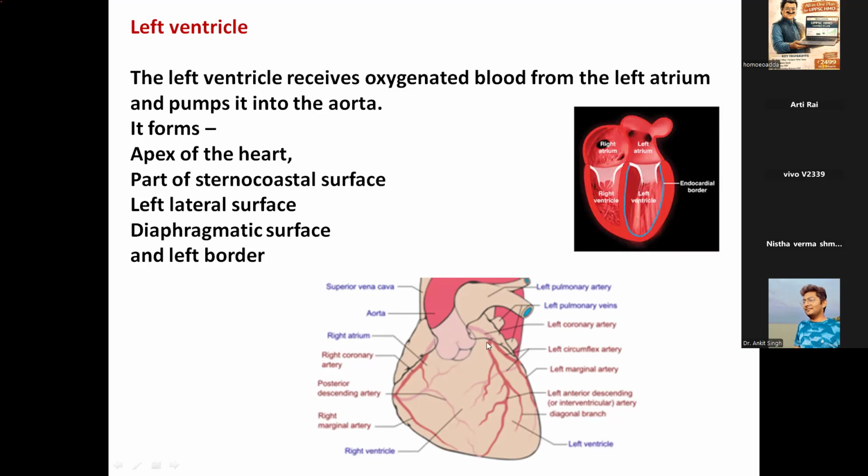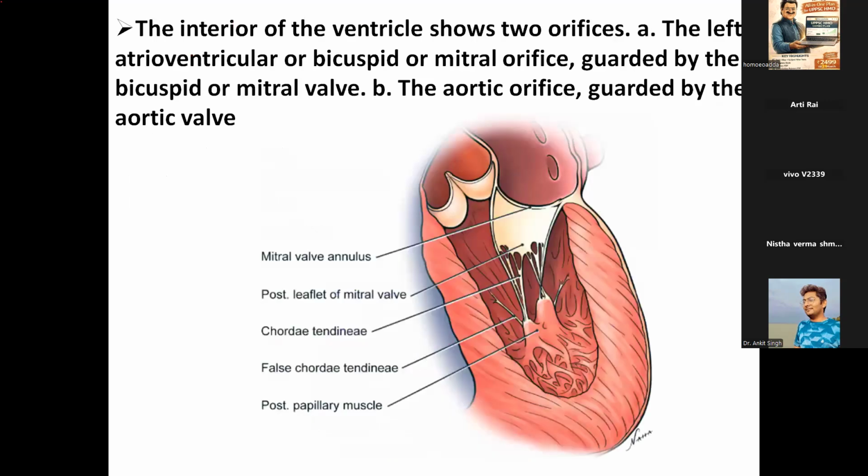Part of the sternocostal surface, as you are looking at the sternocostal surface, then left lateral surface, you can see diaphragmatic surface as well as the left border, right? So this whole part is contributed by the left ventricle, it forms the apex. Remember, only one chamber contributes in forming the apex of the heart, and that is the left ventricle. Part of sternocostal surface, left lateral surface, diaphragmatic surface, and the left border, that is by the left ventricle.